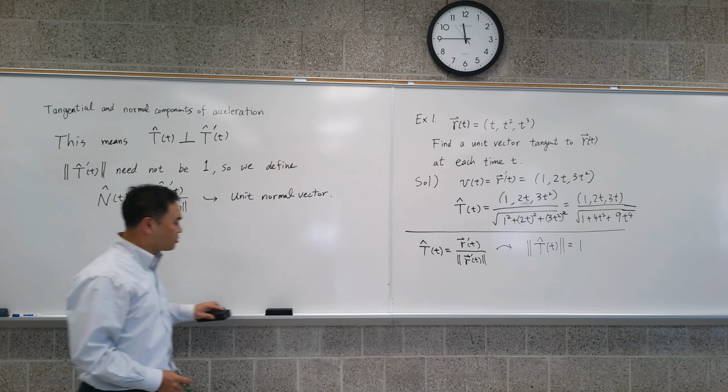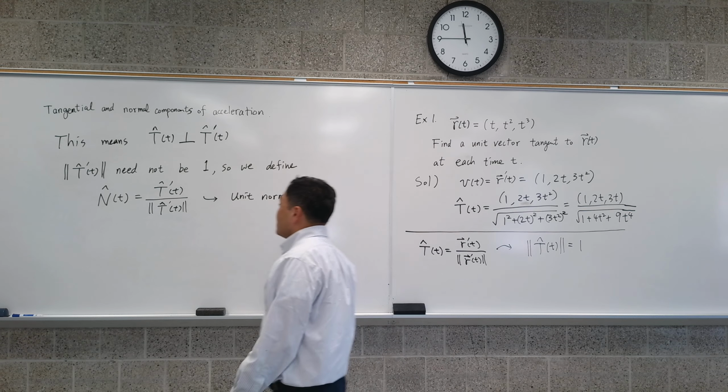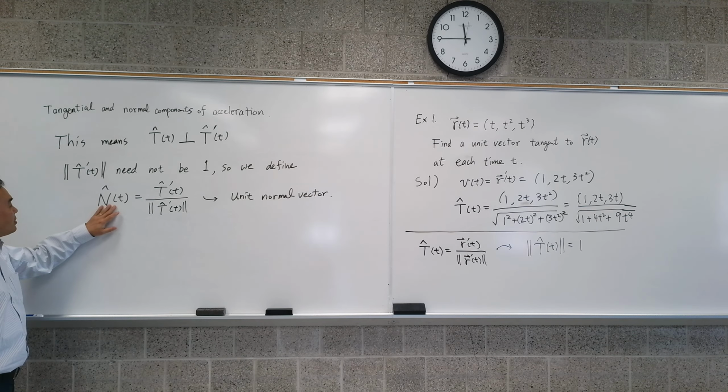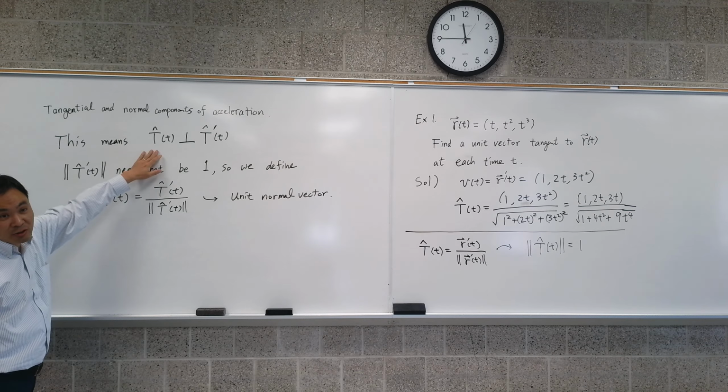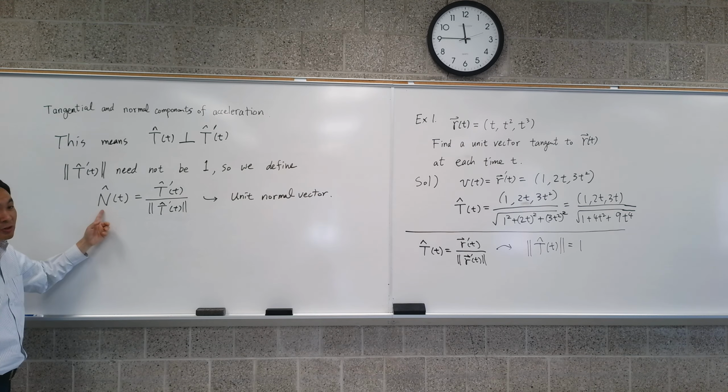Geometrically, 90 degrees is a very important property. So we know that now you have N of t, which is going to be perpendicular to the tangential direction. But because tangential means it's the direction of the curve, we know that this one is going to be perpendicular to the curve. Okay?